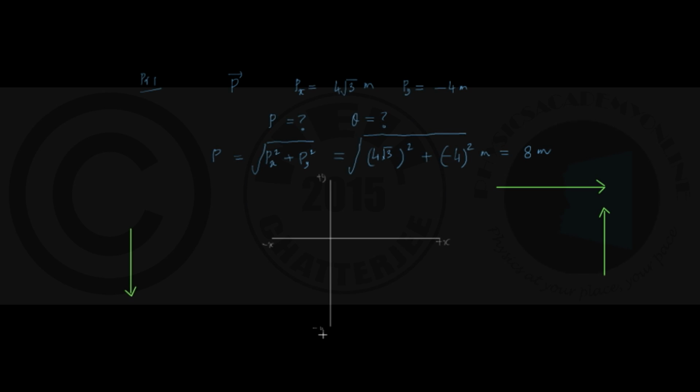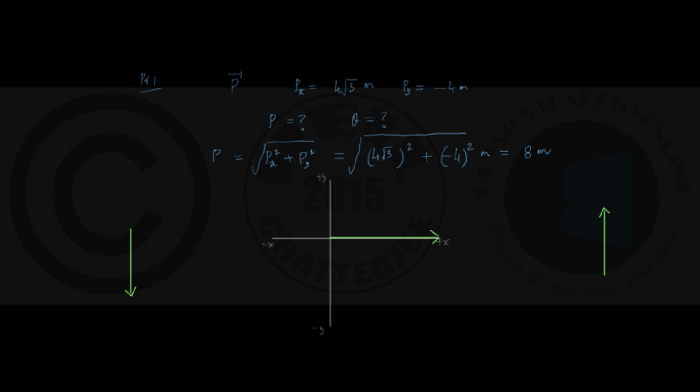Here it's important to know about plus and minus signs, because you have noted that we have px as positive and py as negative. Now what does it mean? This, of course, as you can see on the screen here, must be my px. This is the x component of the vector p, and it must point in the plus x direction because its magnitude is 4 root 3 meter, a positive value.